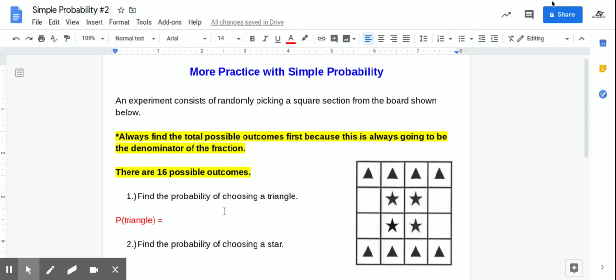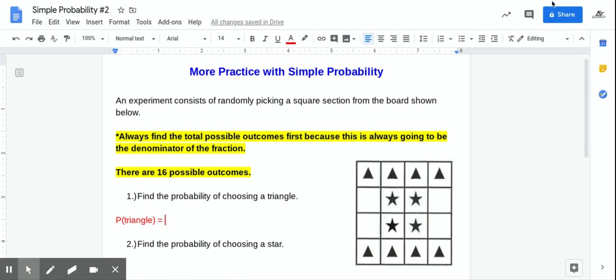What that's asking us to determine is, how many possible ways are there for me to choose a triangle? Ladies and gents, all we have to do is count up how many triangle boxes we have. Well, we have 1, 2, 3, 4, 5, 6, 7, 8. I have 8 triangle boxes, so that tells me that I have 8 possible chances to pull out a triangle.